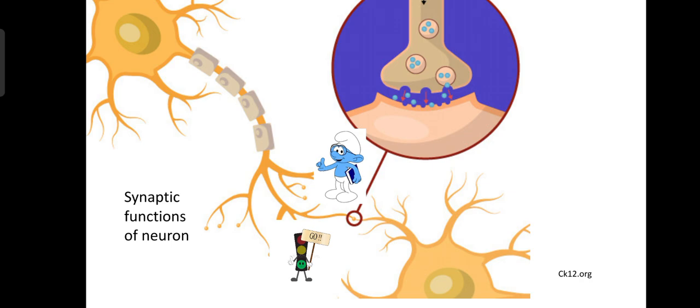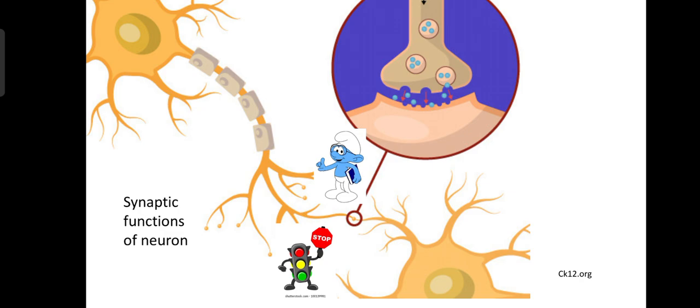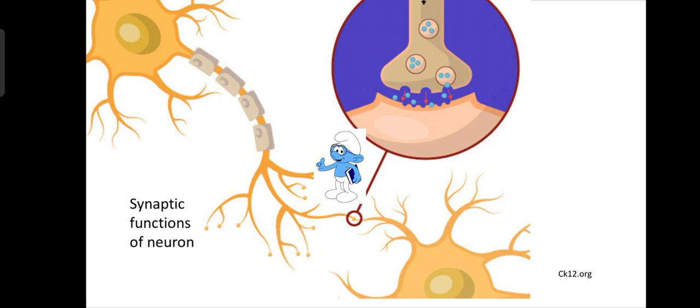The signal may just pass from this neuron to the next neuron, just as simple as this, or it may be blocked, preventing transmission, or it can be repeated several times for doing a certain function.